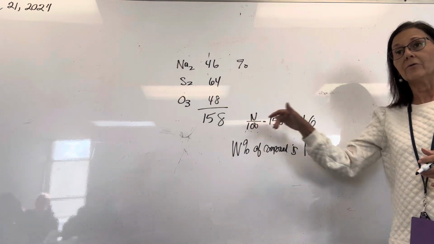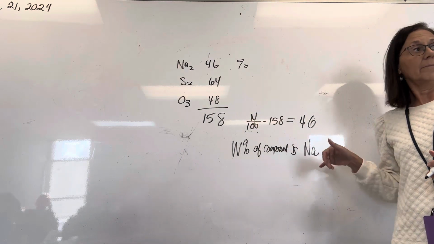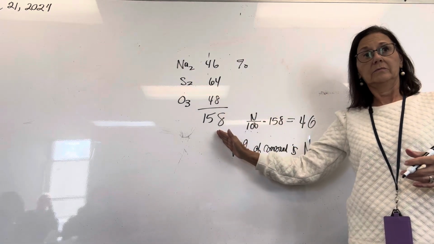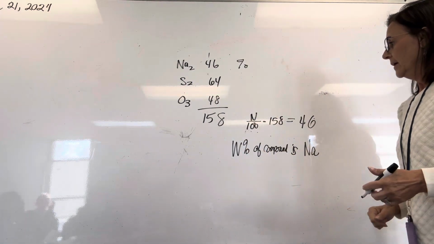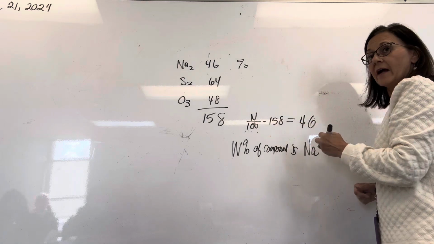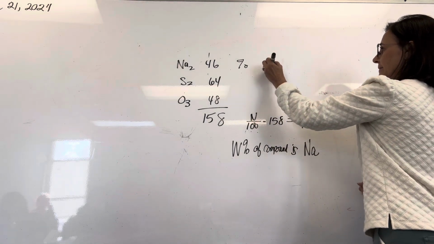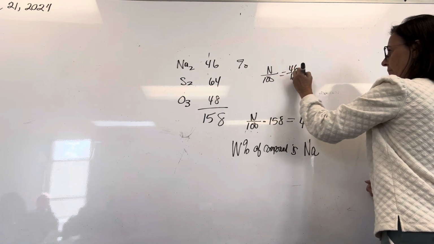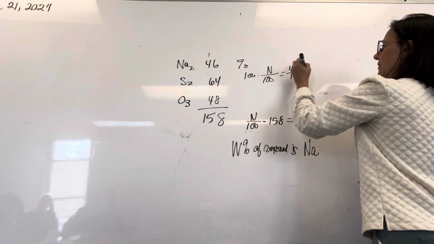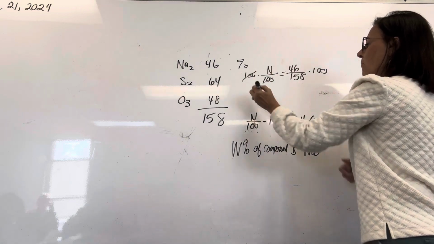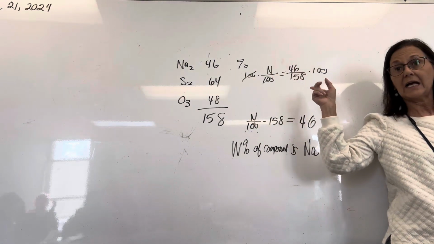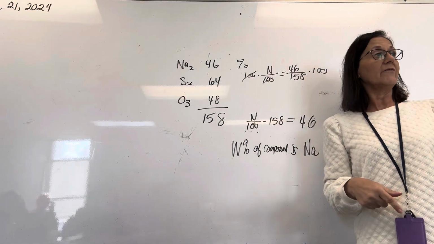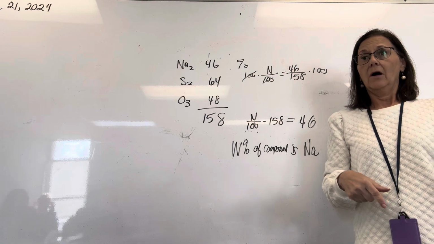I literally wrote a problem from the question, but I had to know the total. All right, so I'm going to divide by 158. Then multiply by 100, because if I don't multiply by 100, it's going to give me it in decimal form. I'm okay if you get it in decimal form and you know how to convert it to a percent. What is this percent?